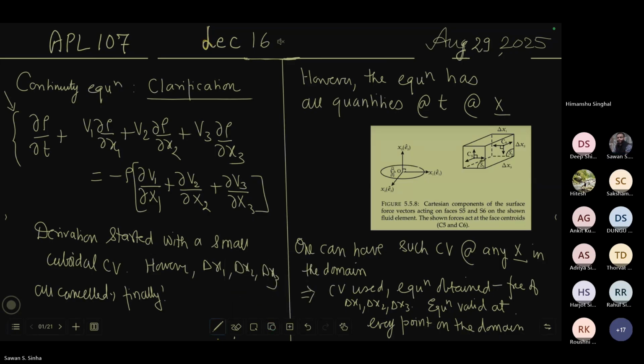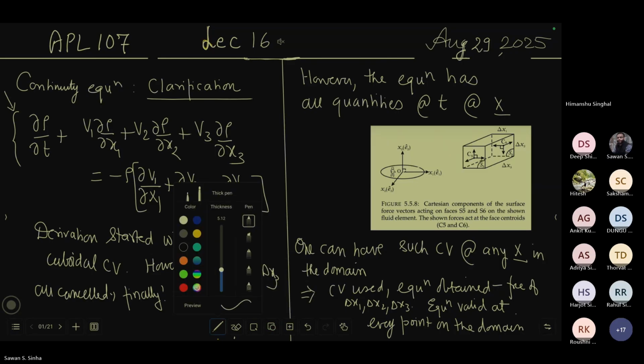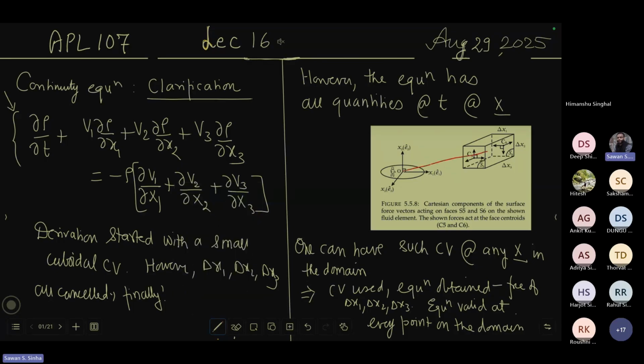X is the centroid of this control volume, and I called it point Q. I applied Reynolds transport theorem for this small cuboidal control volume. However, eventually in the last step, if you go back and look at the derivation, delta x1, delta x2, delta x3 all cancelled out.